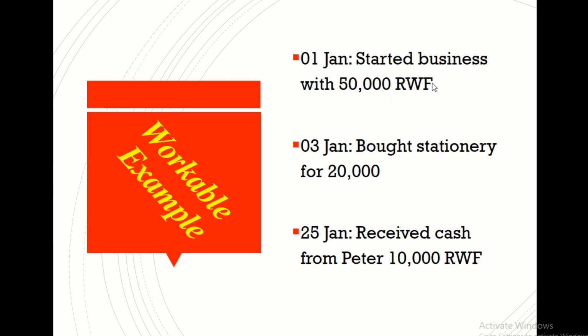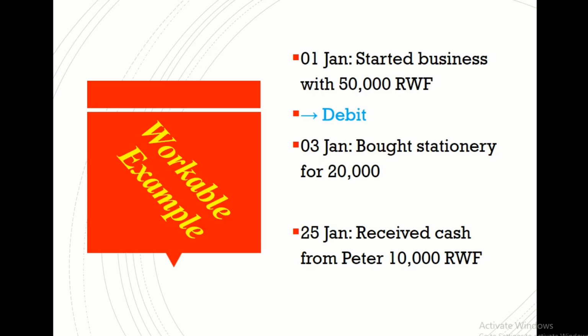This is the cash. Because this is money being invested in the business, we can consider it as money received by the business. So from there, it is supposed to be debited.